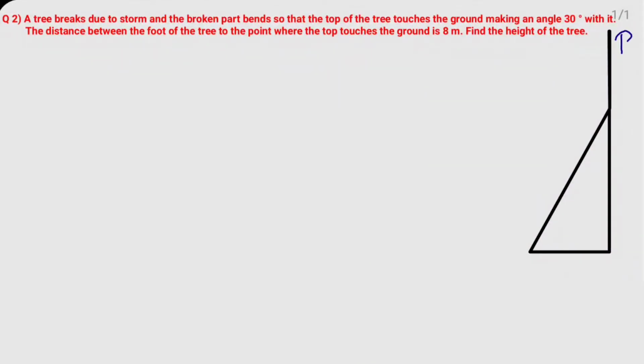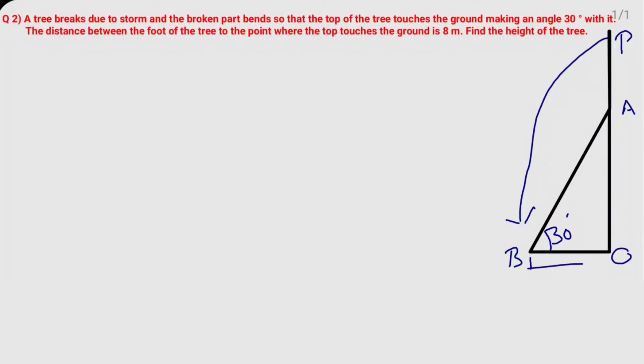So here PO is the tree, it is broken at A and the broken part touches the ground at B, and here they have given that the top touches the ground making an angle of 30 degrees. It means this angle is 30 degrees, right? And also they have given that the distance between the foot of the tree and the point where the top touches the ground is 8 meter.